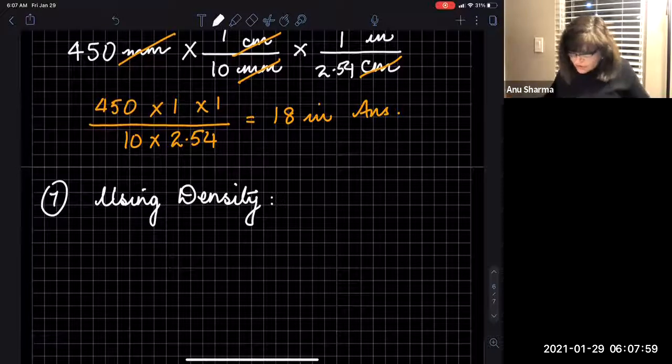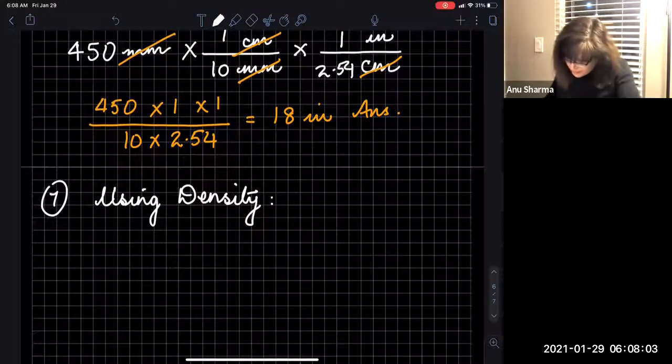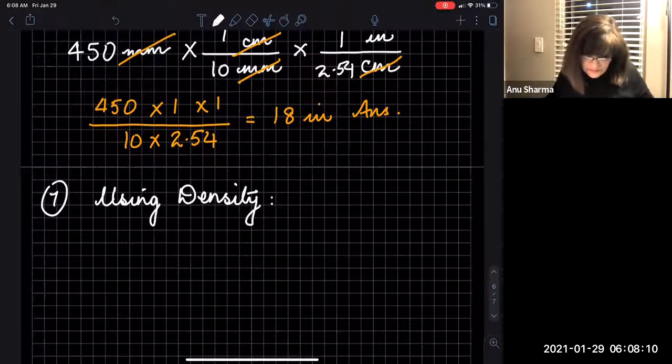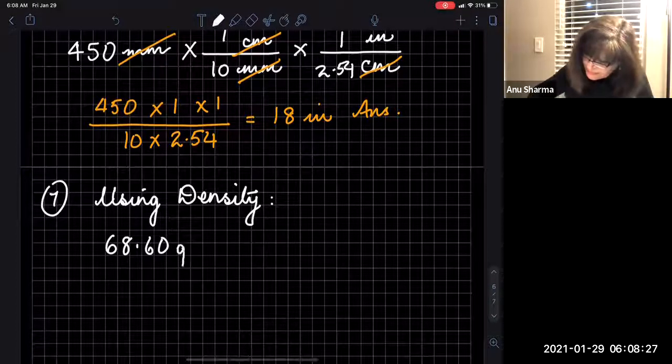Let us say you are given the density of some object. You are given 68.60, and this is actually the amount, the grams of zinc.